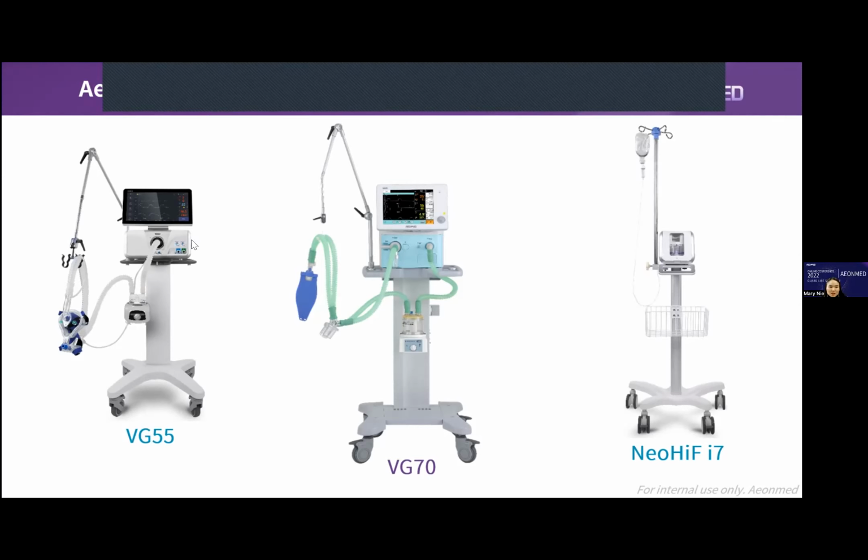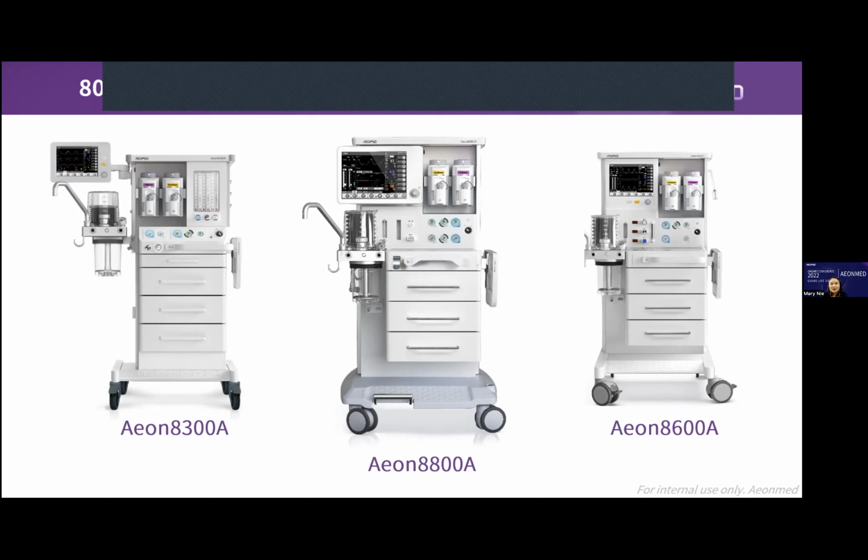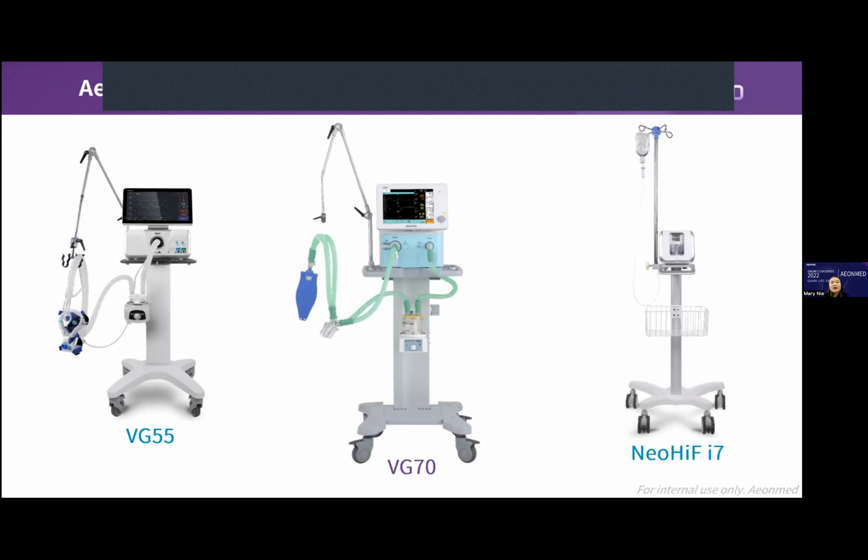And this VG55 is a pure non-invasive ventilator, and this I7 is an HFNC product, a high flow nasal cannula respiratory product. Combining all of this together with our anesthesia workstation, we have the complete product line in our company.